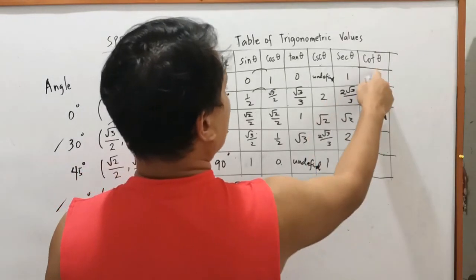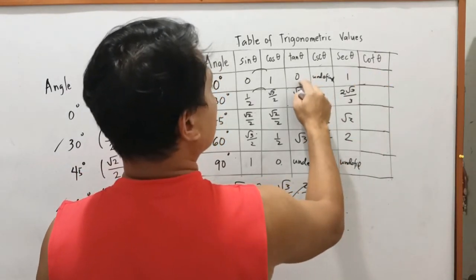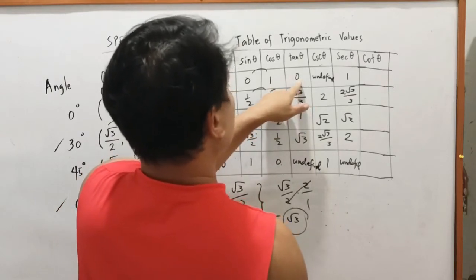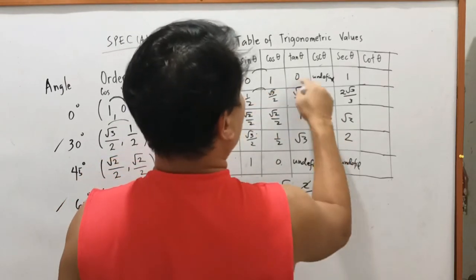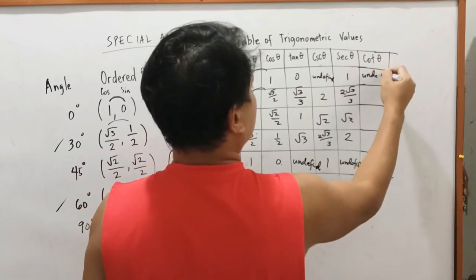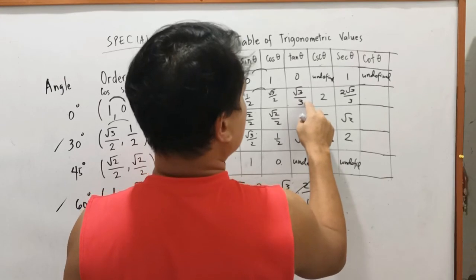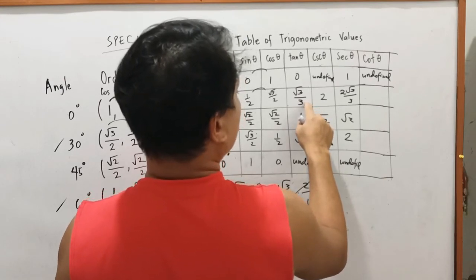Okay, now, how about for cotangent? Get the reciprocal of the tangent values. 0 over 1, that is 0. Reciprocal of 0 is undefined. Reciprocal of this one is 3 over square root of 3.